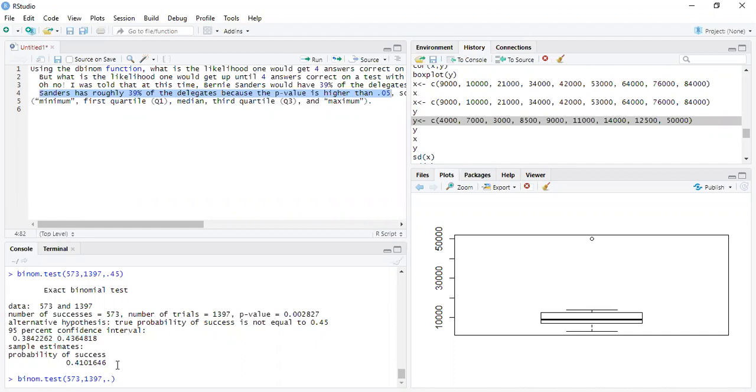So let's say, for example, we take this. I'll just take it like that. Get rid of this. Something like that. So it's giving us, okay, we're barely rejecting the p-value.